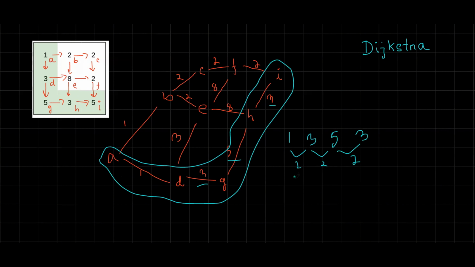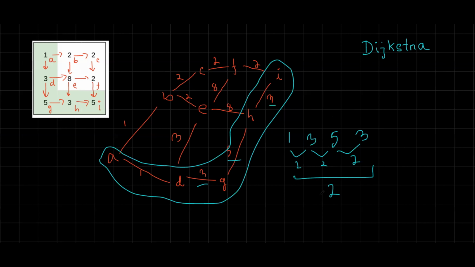The maximum of all of them is 2. So for this problem, if we use the Dijkstra algorithm, the maximum absolute difference we can get is 2.